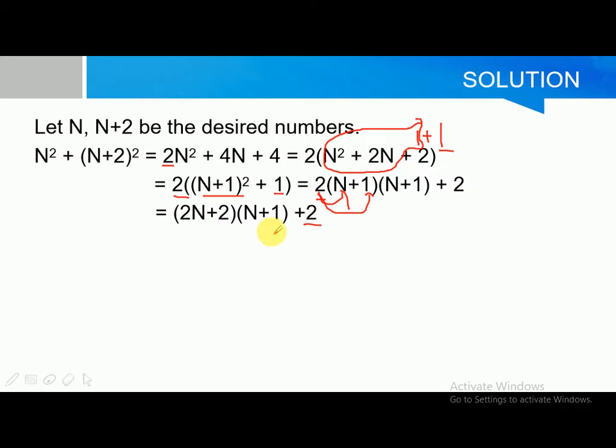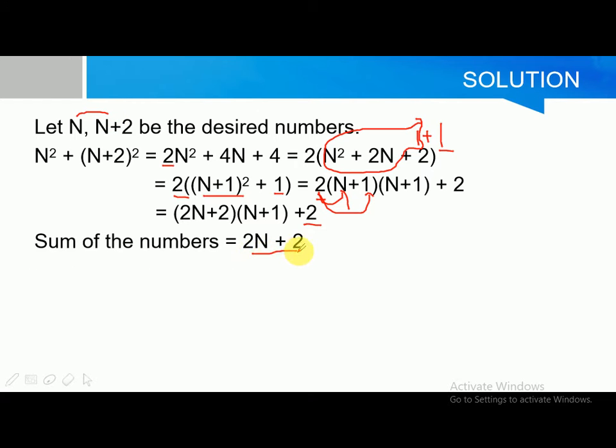There is a special reason for this. We are trying to divide the sum of the squares of these two natural numbers by their sum, and if you find their sum, that turns out to be 2n plus 2.